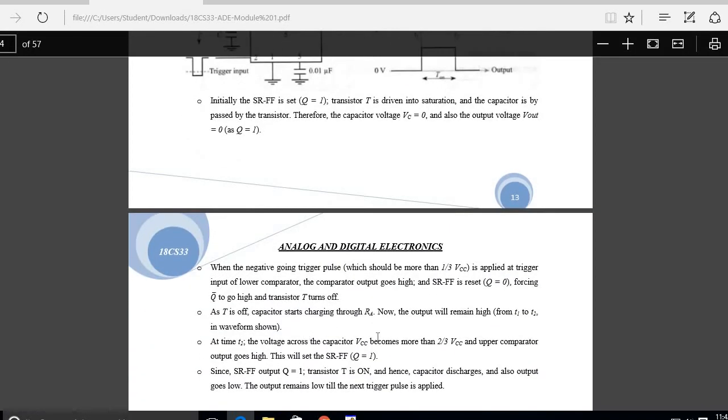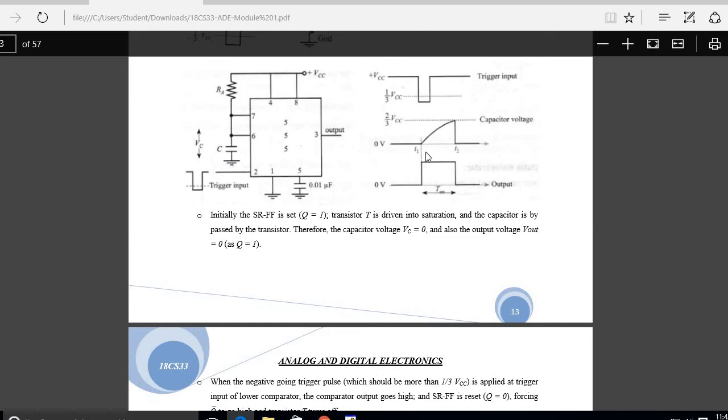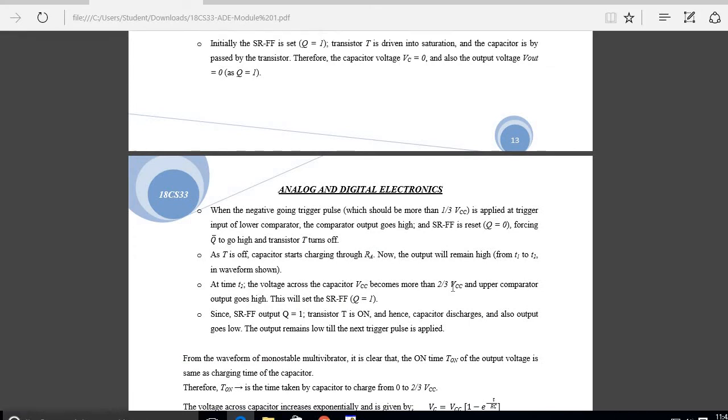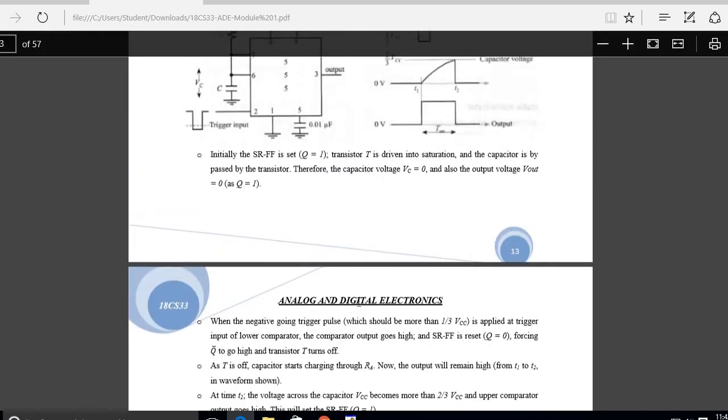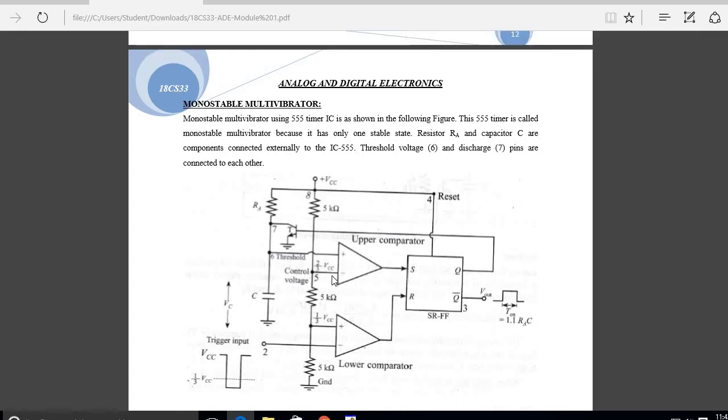Okay, next the output will remain high, and from T1 to T2 the waveform remains the same, because it is charging. It should be like this only. At time T2, the voltage across the capacitor VC becomes more than 2/3 VCC, and the upper comparator also goes high, and this will set Q equal to 1. At time T2 I am supplying voltage 2/3 VCC to the upper comparator, which in turn makes Q equal to 1.